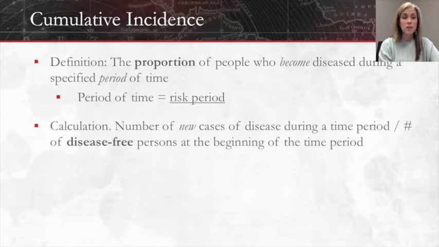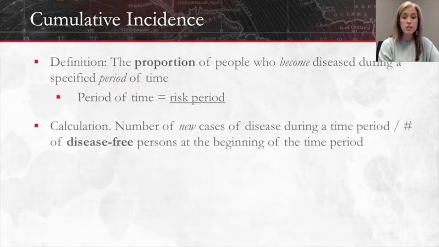So the way that you calculate cumulative incidence is the number of new cases, not existing cases, but the number of new cases of disease during a time period, and the denominator is the number of disease-free people at the beginning of the time period. Now that is also very different from the denominator in the prevalence.